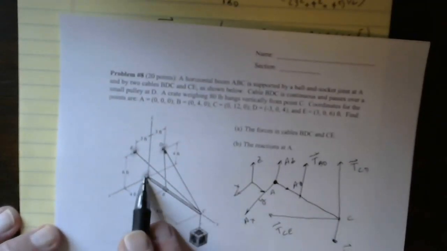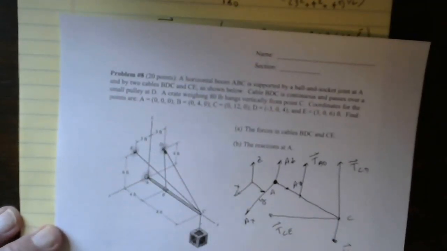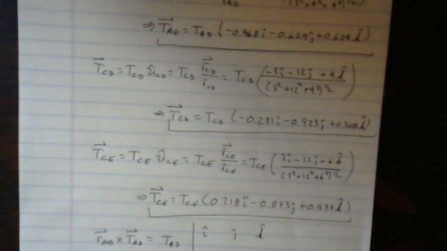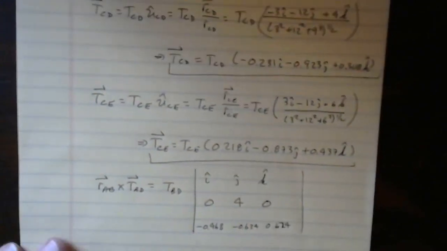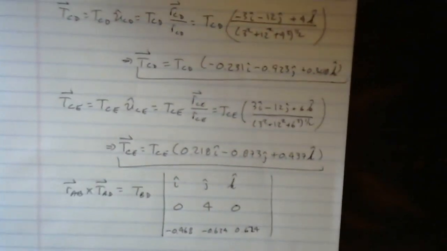Back to this just to show that, right? Position vector from A to B is just 4J, okay? And then TBD, minus 0.468, minus 0.624, and 0.624, okay? Okay, now, here, there it is.